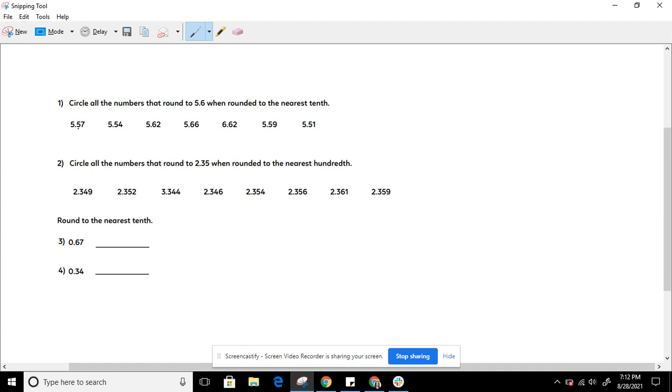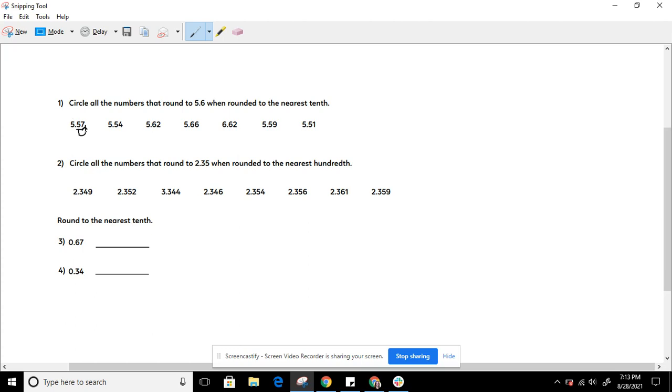The first number is 5 and 57 hundredths. We look at our tenth value, which is 5. We look at the number to the right, which is 7. The 7 tells the 5 to round up. Remember the rule: 5 or higher, you round up; 4 or below, it stays the same.